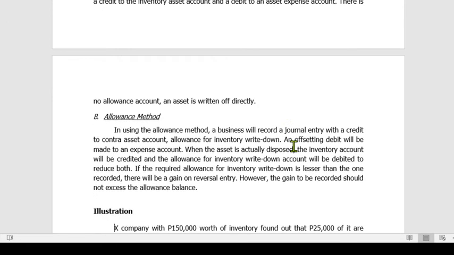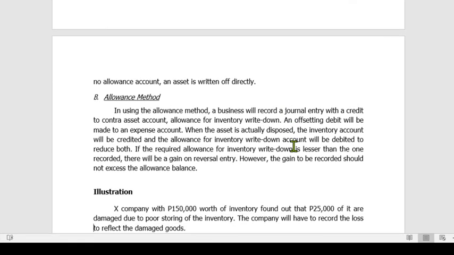While in the allowance method, nagkikreate tayo nung isang contra asset account. Ang contra asset account na yun is the allowance for inventory write-down. Then, it will be deducted from your inventory in the financial statements.